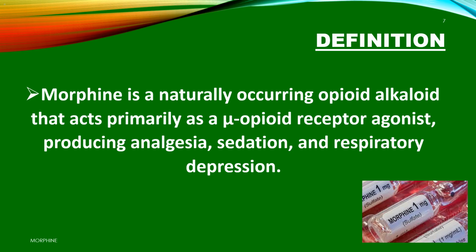It acts primarily as a mu-opioid receptor agonist, which means it binds to specific receptors in the brain and body. 3. Morphine's action produces several effects, including analgesia, or pain relief; sedation, calming or inducing sleep; and respiratory depression, slowing down breathing rate, which can be a potential side effect.